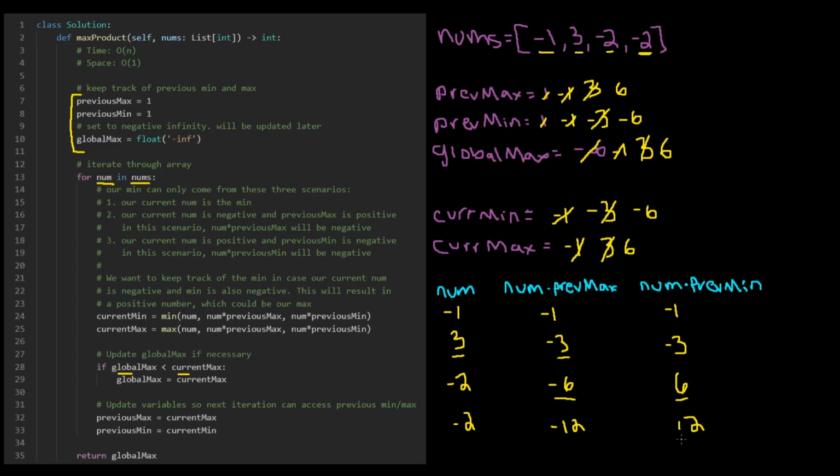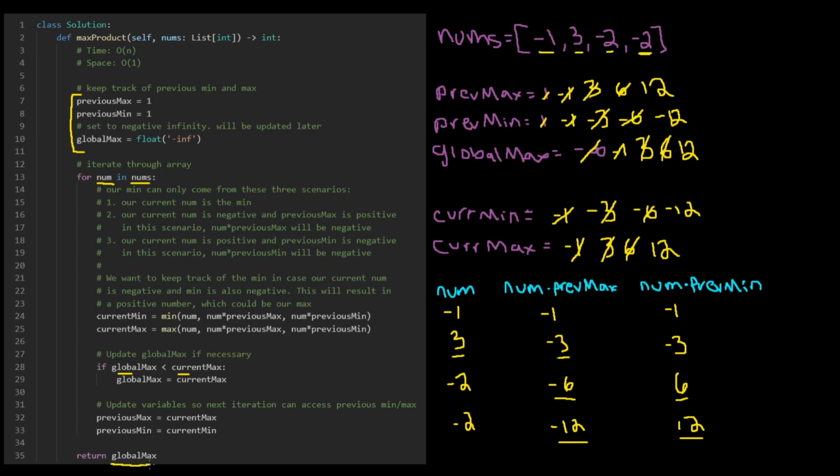So we can see here that our max is 12 and our min is -12. So we're just gonna update these. And now we're gonna also update global max because it is less than our current max. And we're gonna update these variables, but since this is the last iteration, we don't really need to do that, but just gonna do it for demonstration's sake.